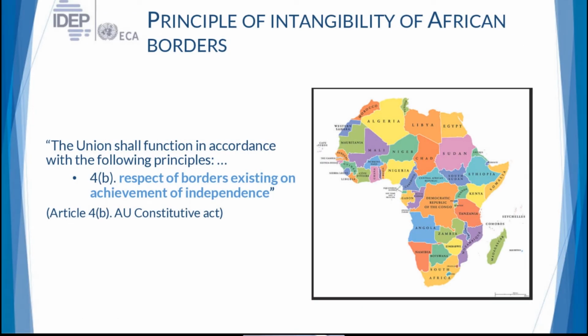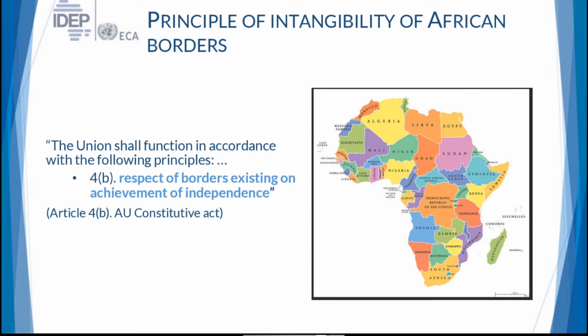There is one important aspect that we need also to keep in mind in Africa. This is the principle of intangibility of African borders. This is enshrined in the Constitutive Act of the African Union.